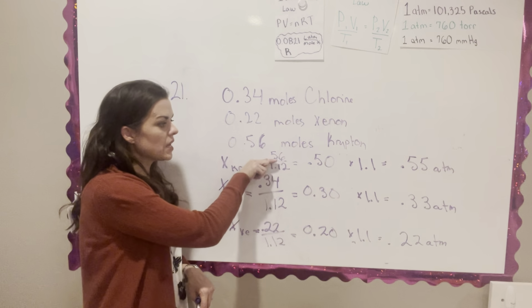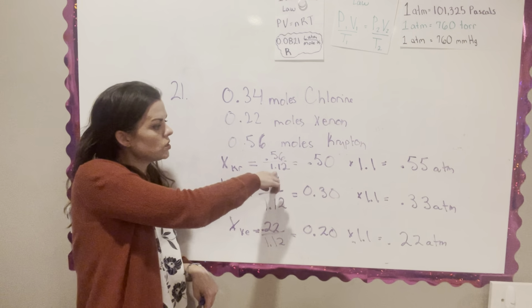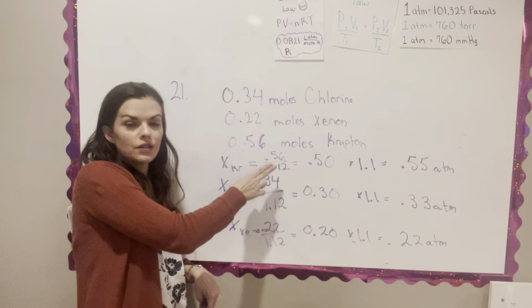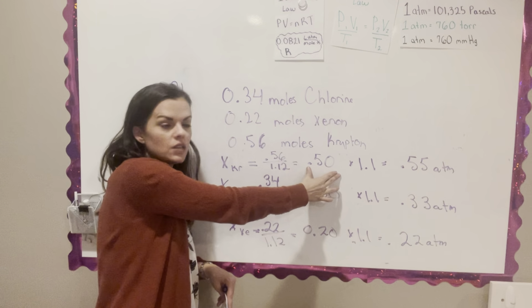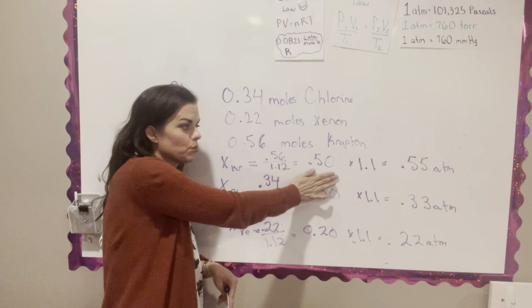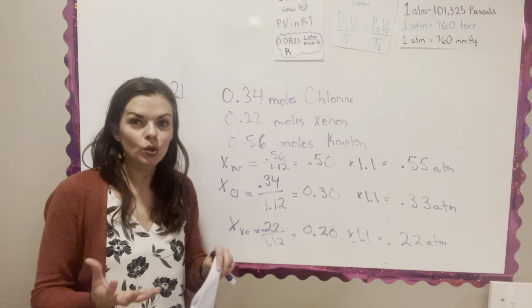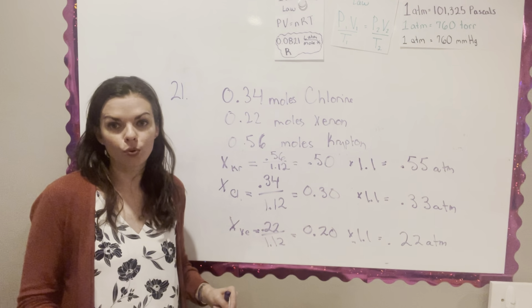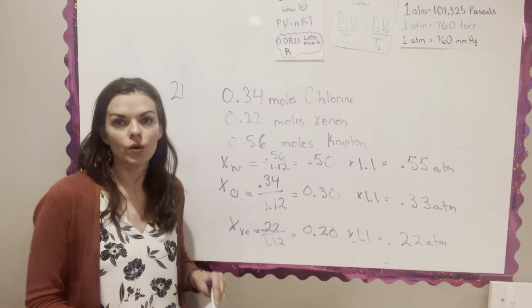I take that there's 1.12 moles in the balloon, and I take the number of moles divided by the whole to get the fraction of it. Once I know that this one is 0.5 or 50%, I also know that the whole balloon has 1.1 pressure, and all the partial pressures added up equal 1.1.